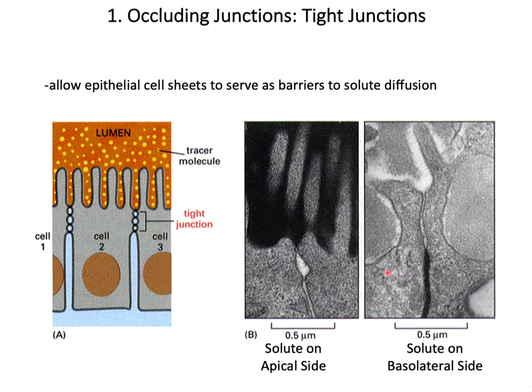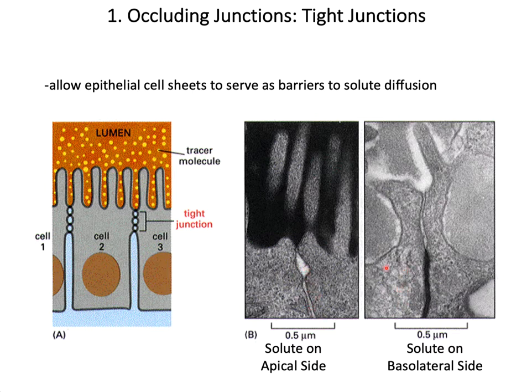On the right-hand side in figure B, if you take the electron-dense tracer molecule and put it on the apical side of the epithelial sheet, you will notice a strong electron-dense signal on the apical side, but this tracer molecule cannot pass this tight junction over here and flow into the basolateral side.